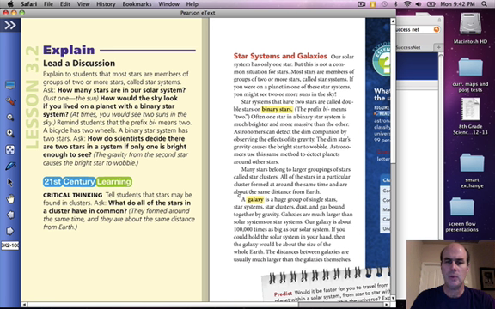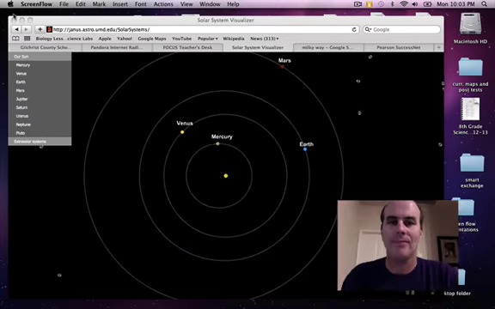And then we get to a galaxy right here. Now, a galaxy is a huge group of single stars, star systems, star clusters, dust, and gas, all bound together by gravity. So a galaxy is much bigger than a solar system, and then bigger than a galaxy is the universe. Okay, so that's smallest to largest.